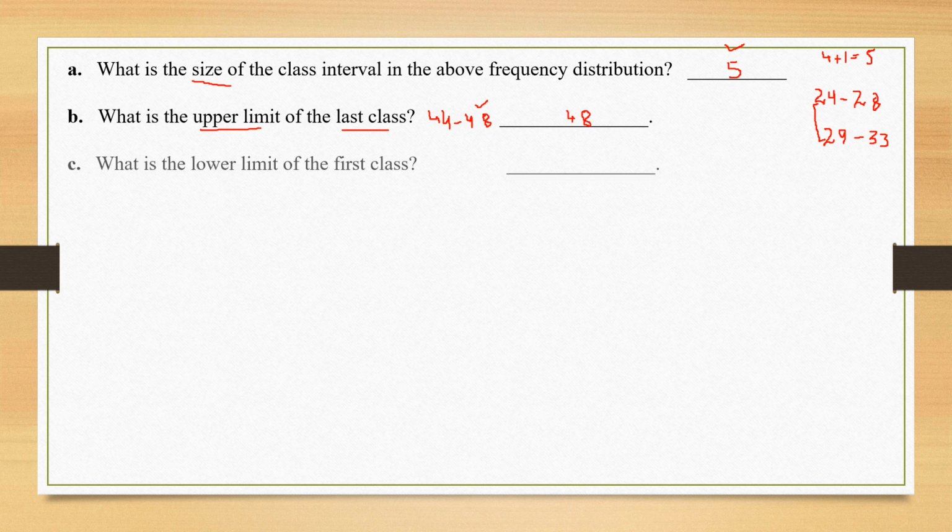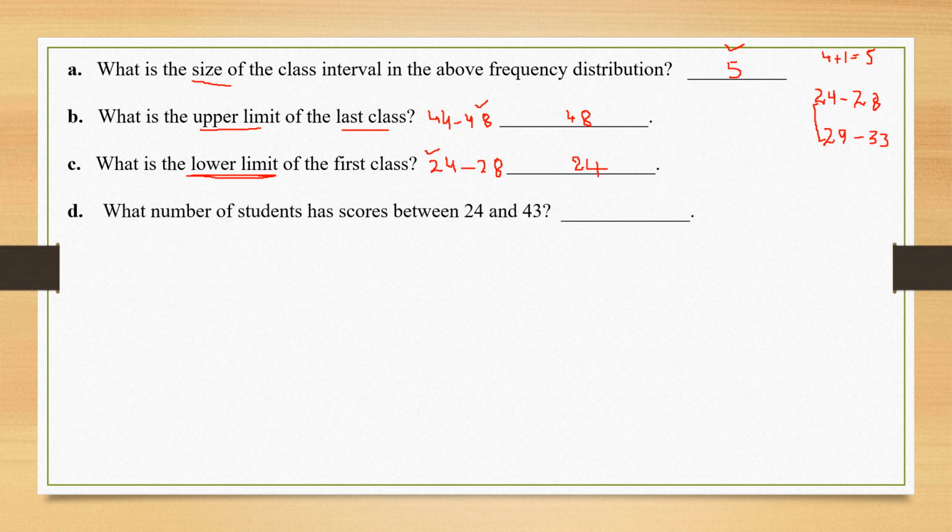Now look at part C. What is the lower limit of the first class? The first class we have is 24 to 28. So its lower limit will become 24.